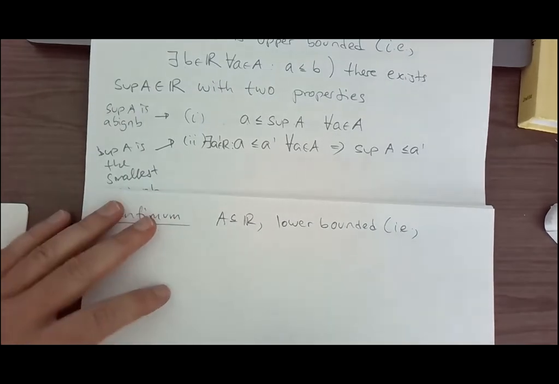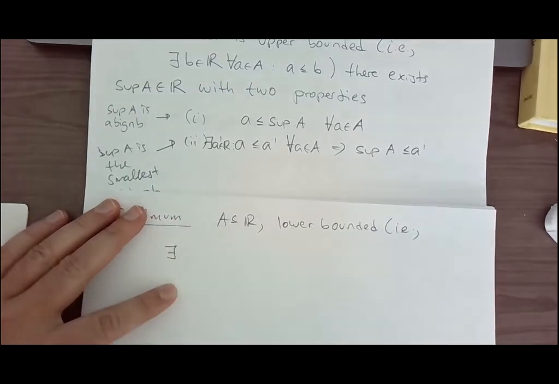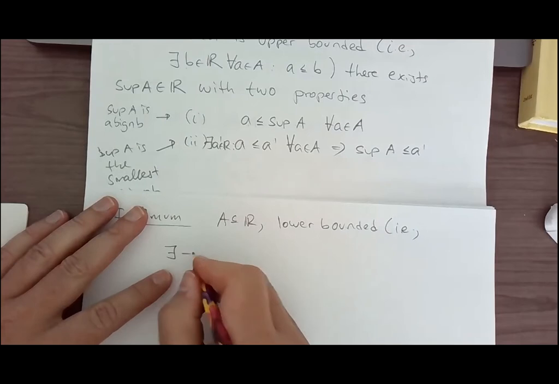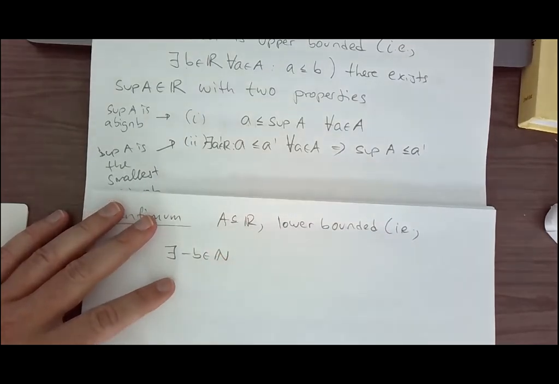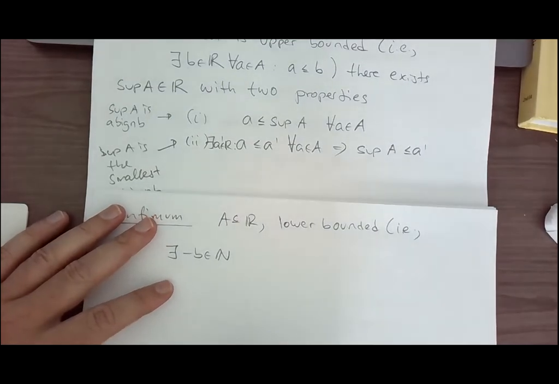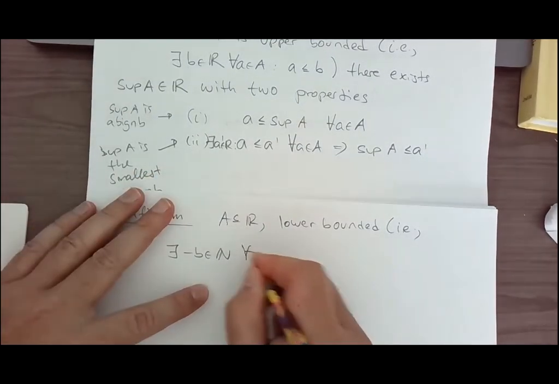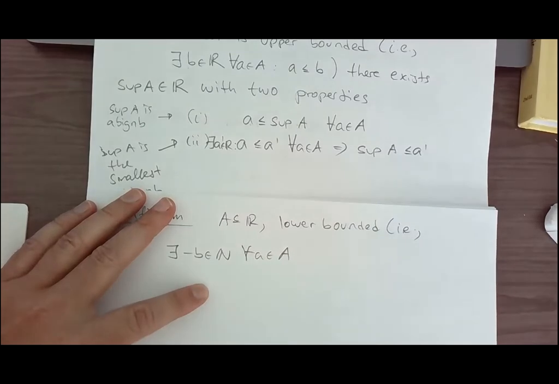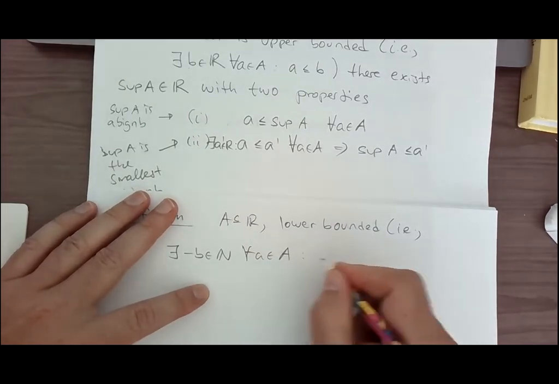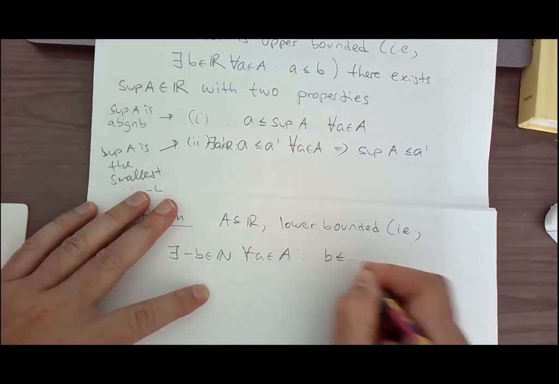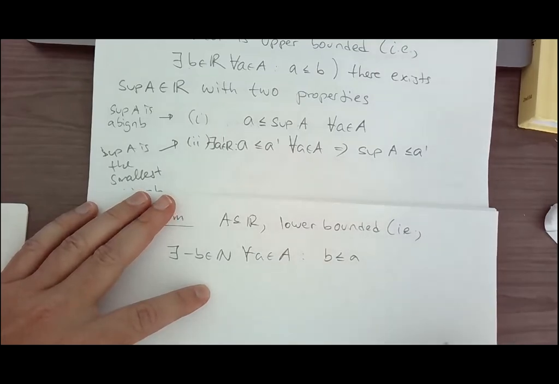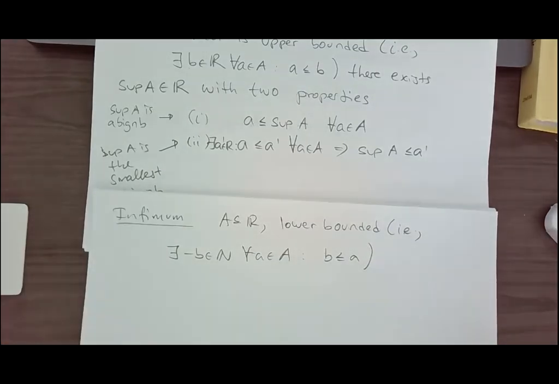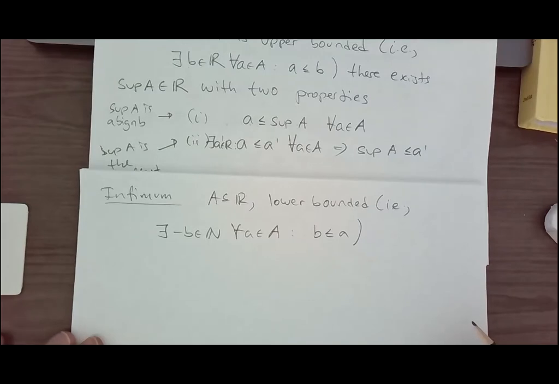It means that there exists a number which is small, say b in the natural numbers, such that for any a in the set, a is going to be bigger than b. So it's bounded from below.